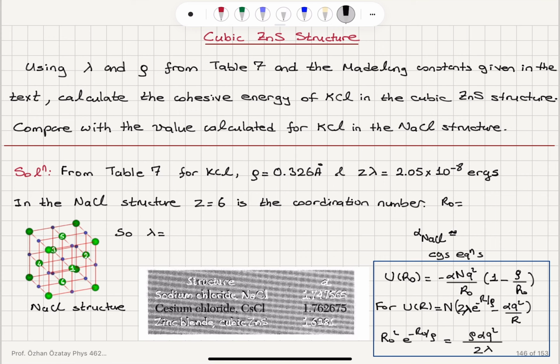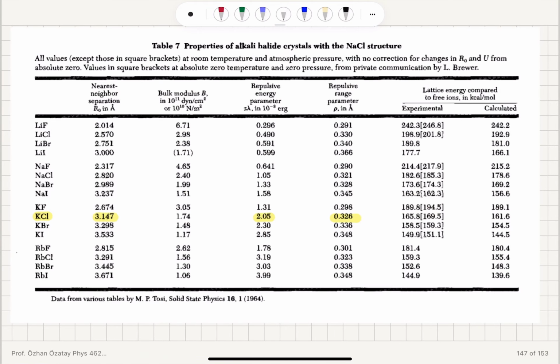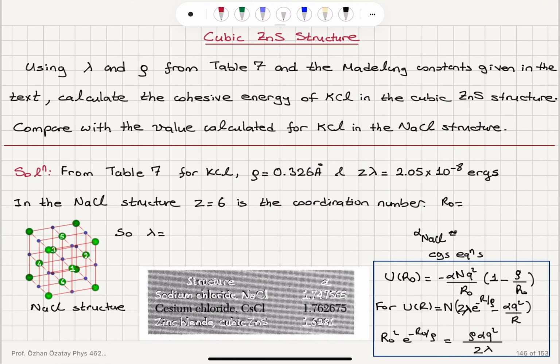And what is the R0 value? R0 value is 3.147 angstroms.